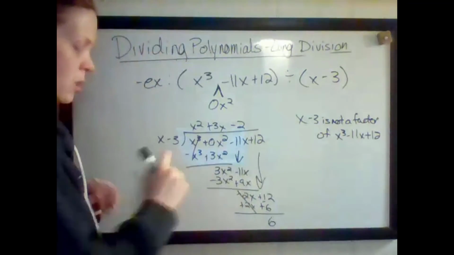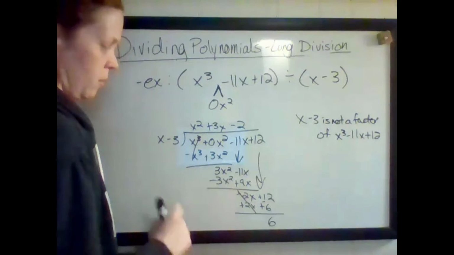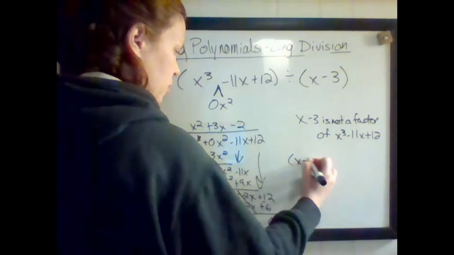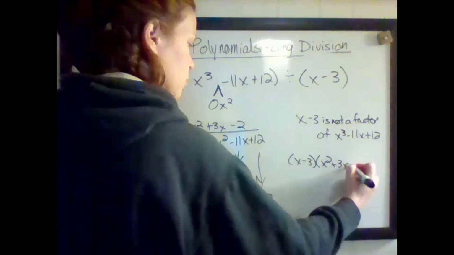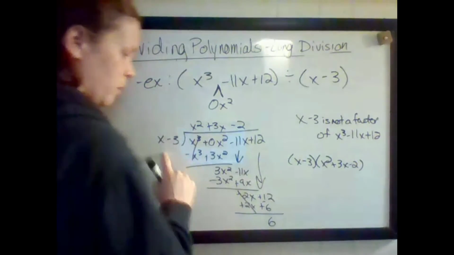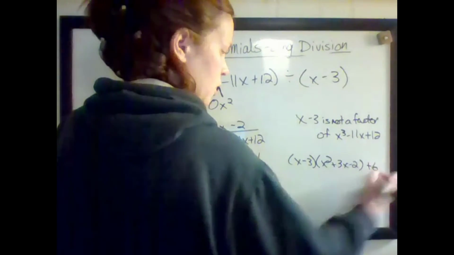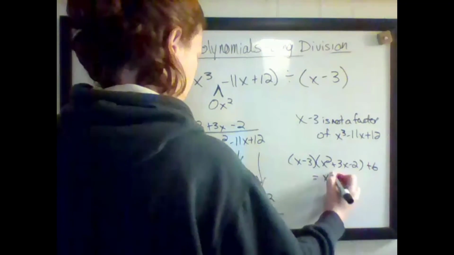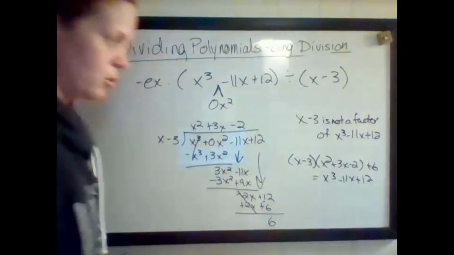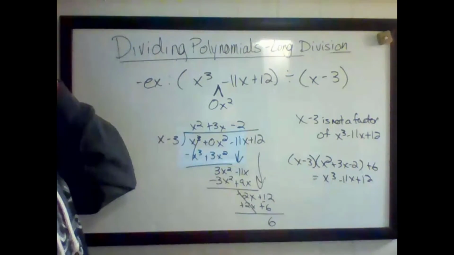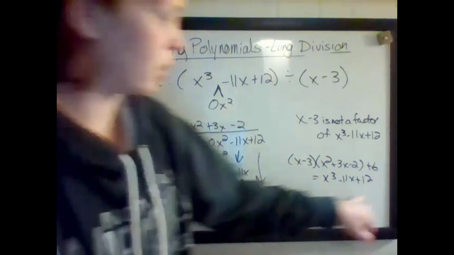What it does say is that x minus 3 times x squared plus 3x minus 2, these two multiplied and a plus 6, this would equal my x cubed minus 11x plus 12. And again, I would encourage you to multiply it out, add the 6, to verify that you're going to get this.